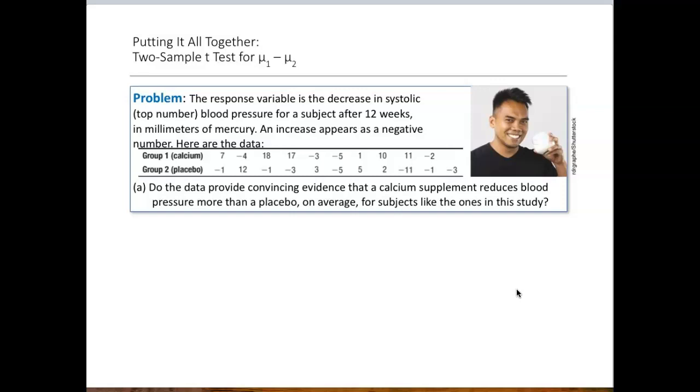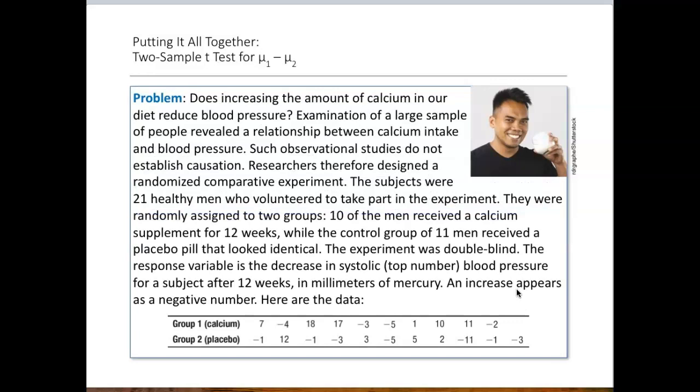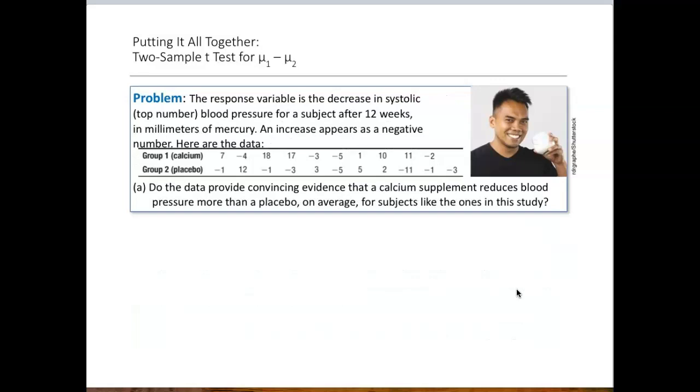Okay, I'm going to have to go back because I don't know how to read this data. So hold on. So the response is the decrease in systolic blood pressure, and an increase appears as a negative number. All right, so we've got to parse this data a little bit. So I am going to write out our hypotheses.